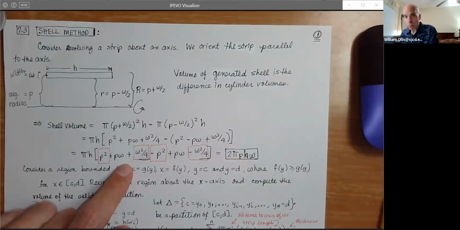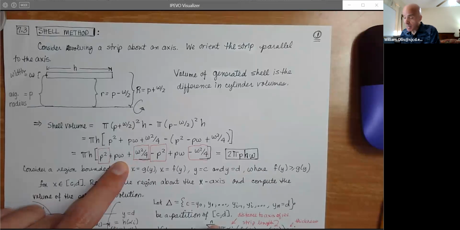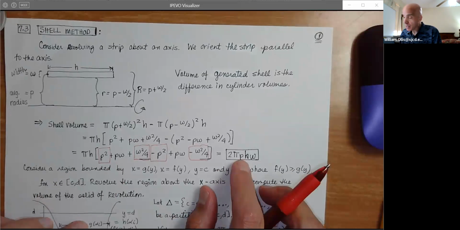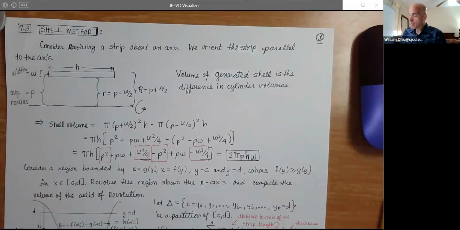And all that remains are 2 copies of p omega. So we have 2 p omega times pi h, or 2 pi p h omega. So now you're thinking, well, isn't this interesting? When we do the shell method, instead of a factor of pi, we get a factor of 2 pi.